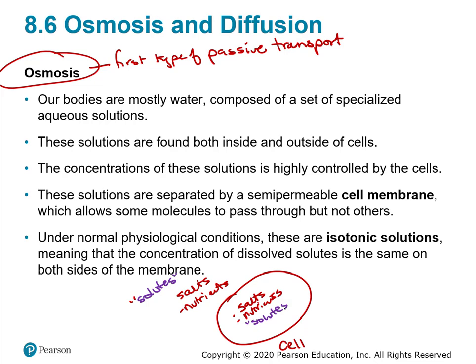But remember that the solutes are dissolved in water. So that means not only do we have the sugars, the proteins, the vitamins, we've also got water dissolving everything. There are channels in the cell membrane that just let water move.